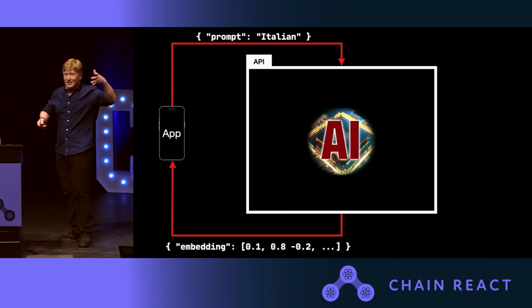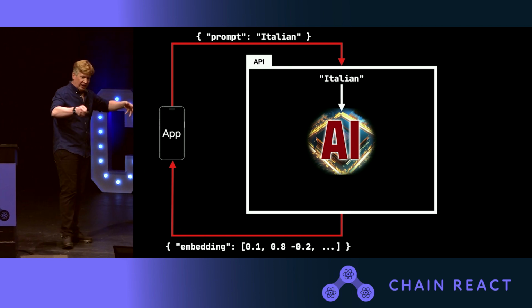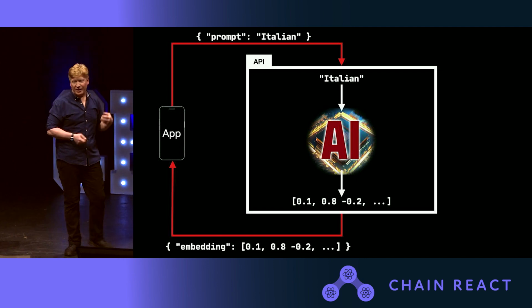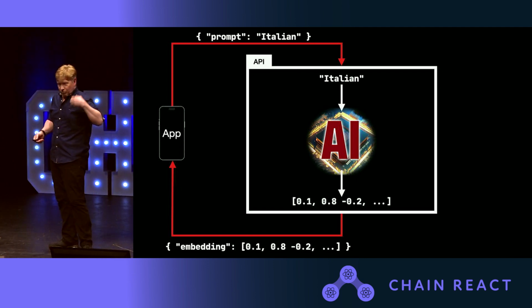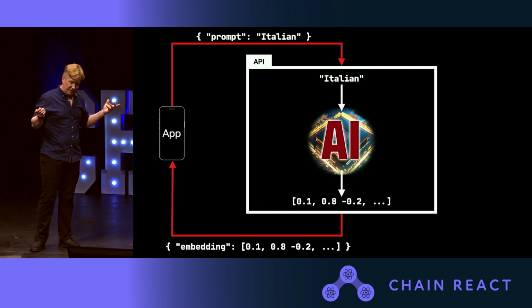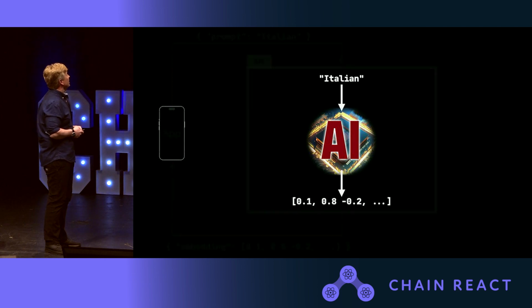You imagine that inside of there somewhere, it's cracking open that JSON, getting out Italian, getting back some vector, and then packing that back up as JSON and sending it back out, right? Makes sense. So we're actually going to end up doing the work of that API.